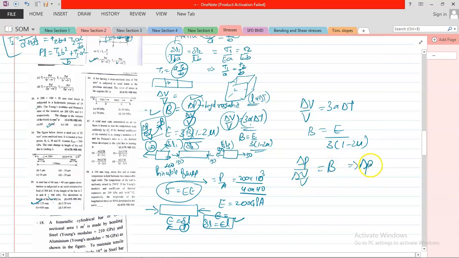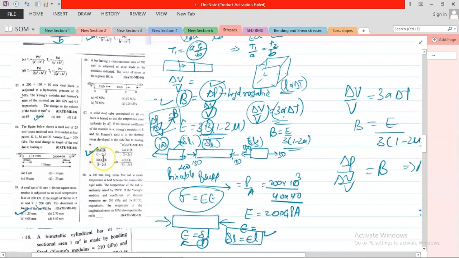So delta P is equal to B into 3 alpha delta T. So the option is 3 alpha E delta T upon 3(1 minus 2 mu). So I think option A is coming correct. Let me see. Yeah, in question 7 option A is correct.